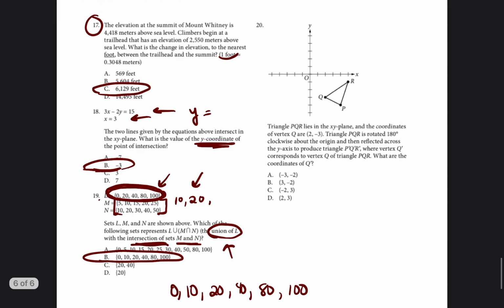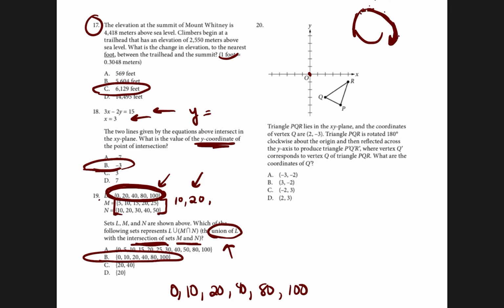It's so hard. Okay. It says PQR lies in the XY plane and the coordinates of vertex Q. Okay, the triangle is rotated 180 degrees clockwise about the origin. So origin is here. And then clockwise, the clock goes this way.